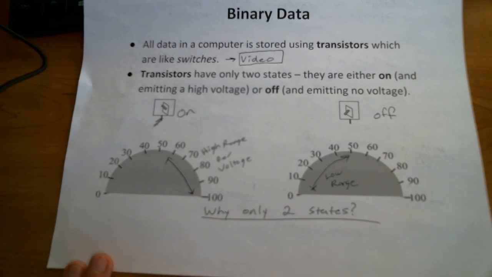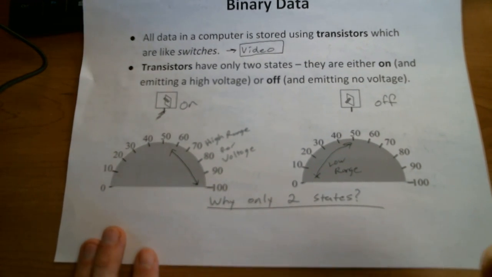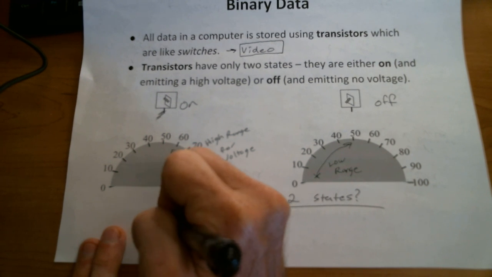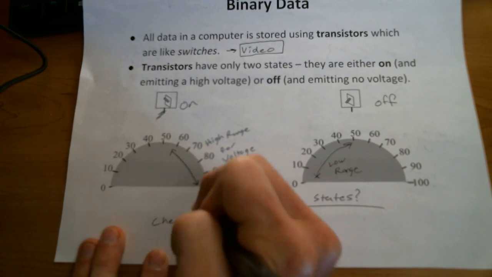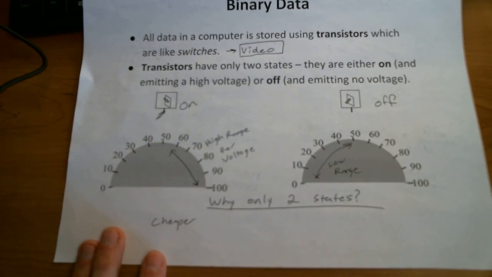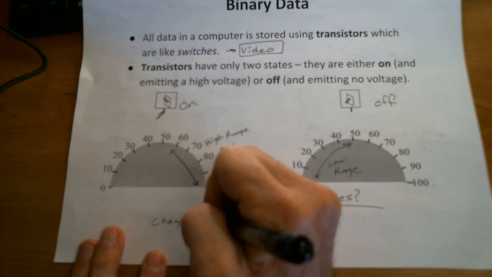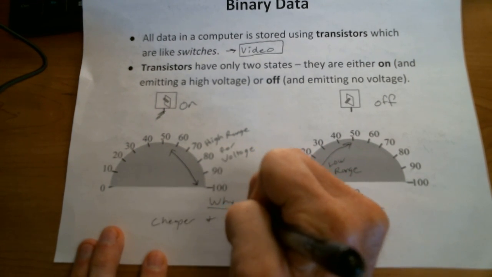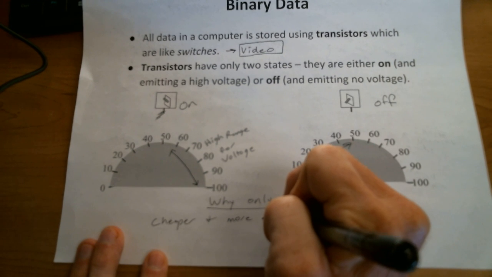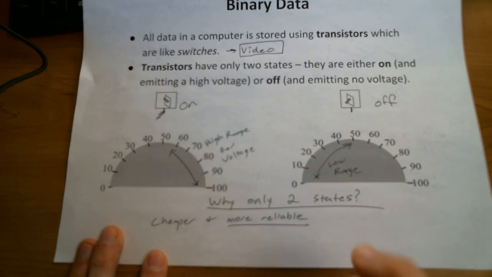Good. So the main reason is, one, it's cheaper to make switches that only have on and off, and probably more important, more reliable.